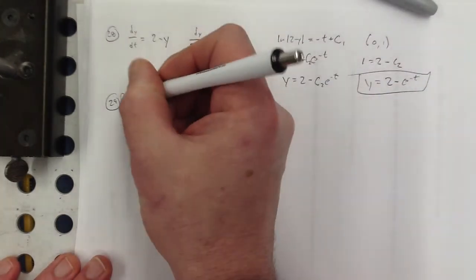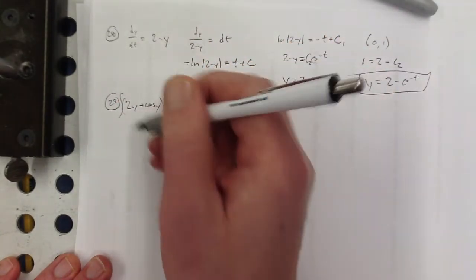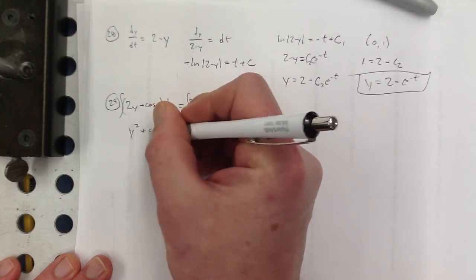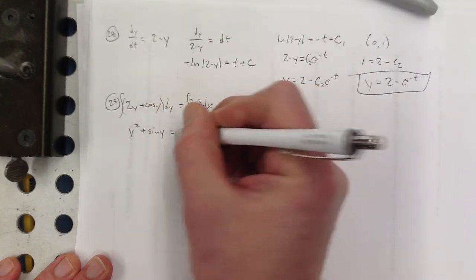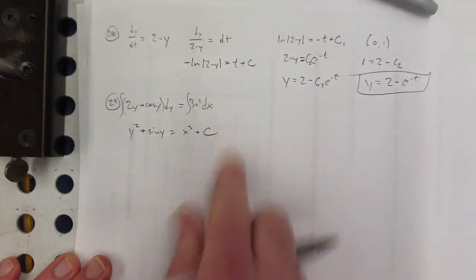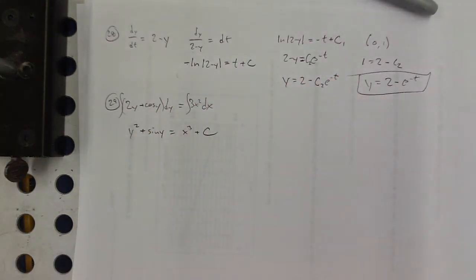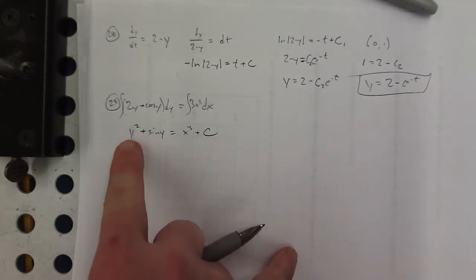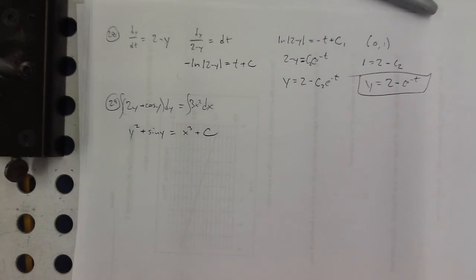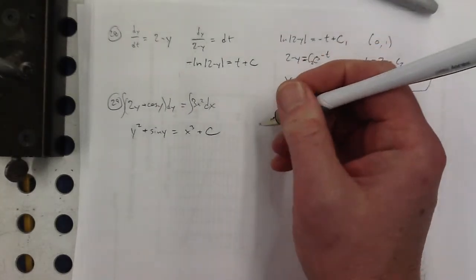Okay, antiderivatives: it's y squared, antiderivative of cosine is sine y, equals x cubed plus c. And nothing you can do here to try to solve for y because there's a polynomial and trig happening to y, so no luck there.